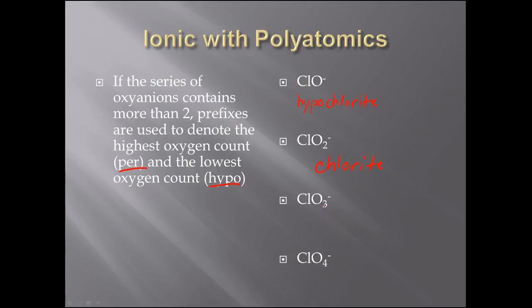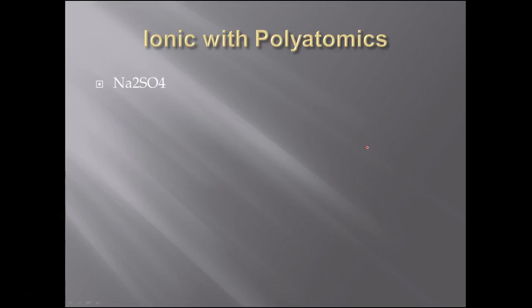This is our higher possible oxygen count now. So we have chlorate. We change our ending from -ite to -ate. And then the very highest possible amount of oxygens is 4 oxygens. So that's going to become perchlorate. And notice how the 2 highest end in -ate still, and the 2 lowest still end in -ite.